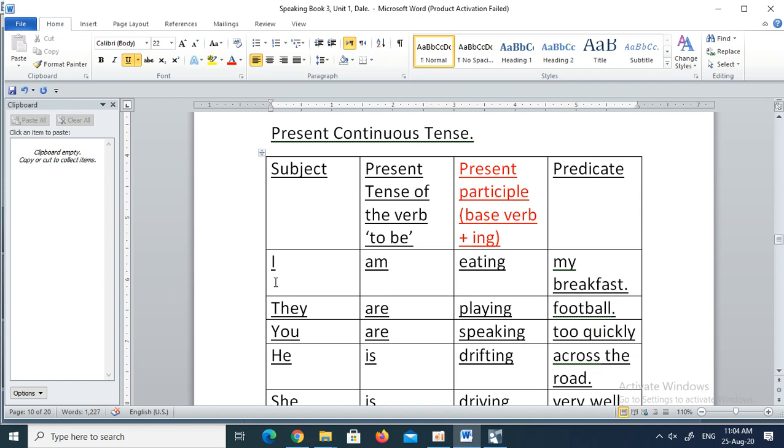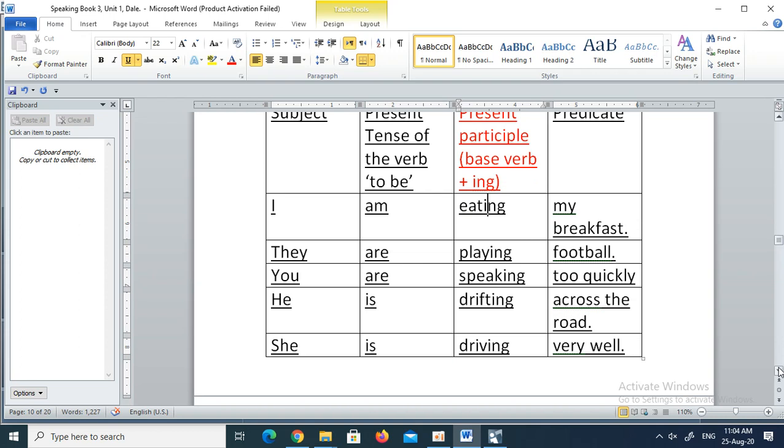The subject I, the present tense of the verb to be, so if the subject is I, then the present tense must be am. The participle, which is the base verb eat, plus ing, I am eating my breakfast. If we say you, because it is you, we would take are as the form of the verb to be.